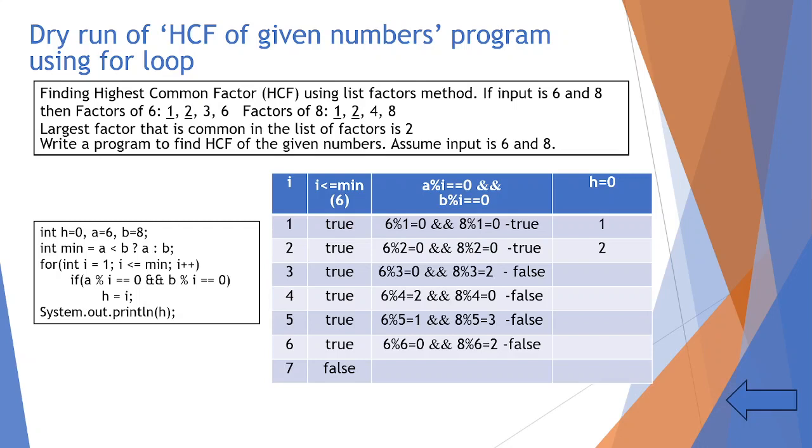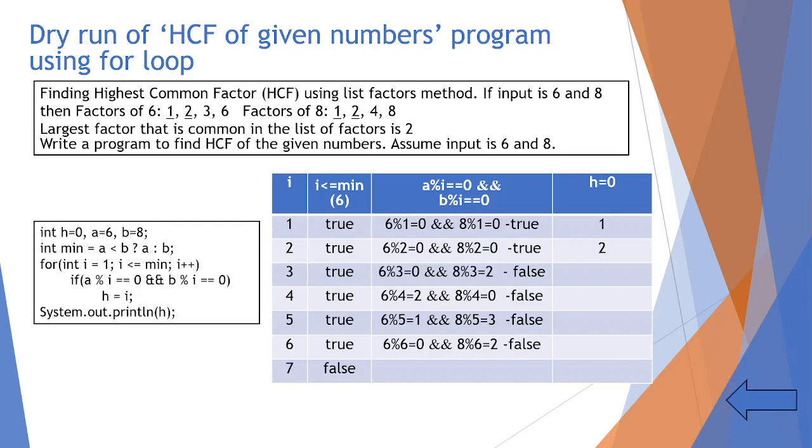Yes. Then the highest common factor was 0. Now I am putting whatever is there in I, first time 1. H is 1. Replacing. Here also we did not put curly brackets because based on for, if is executed, based on if, H is equal to I.